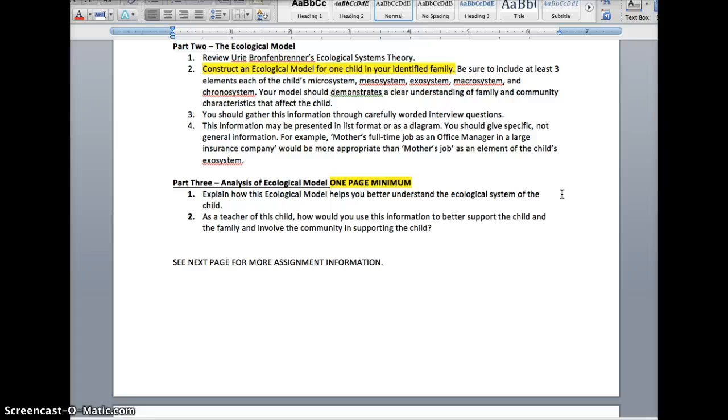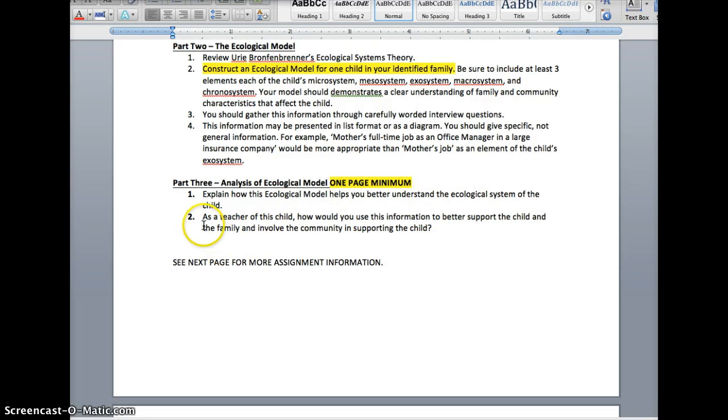So, perhaps within the microsystem you have mom and you have child care provider, and they don't get along very well. You kind of get to the bottom of that during your interview. And then you can talk about the relationship between mom and care provider as an element in the mesosystem. And so knowing that really kind of helps you understand some of the experiences of the child, because of course that would affect the child if the mom didn't get along well with the child care provider.